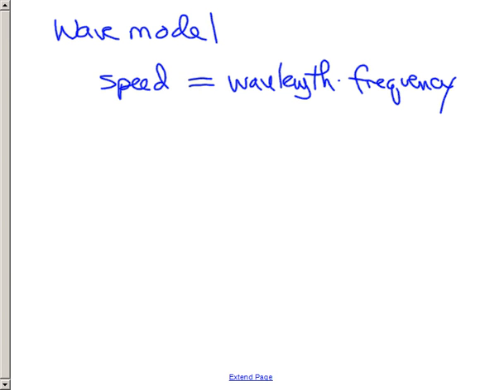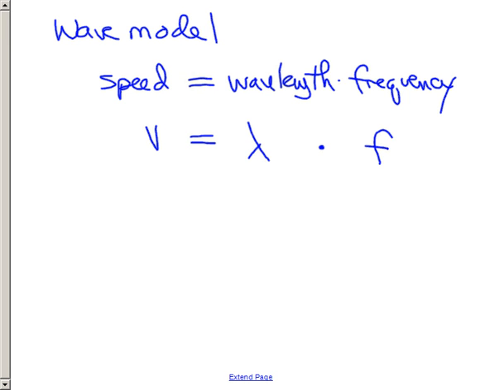Remember, the frequency is how often a cycle repeats itself. That would be like 5 times a second or 24 times a minute, that kind of thing. If you write this out in symbols, you'd have v, which is speed, is equal to the wavelength, which is lambda, times the frequency, which is just f.